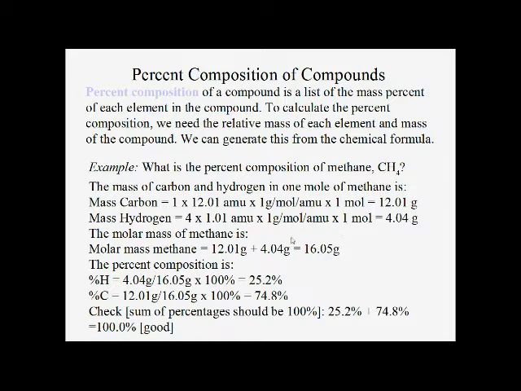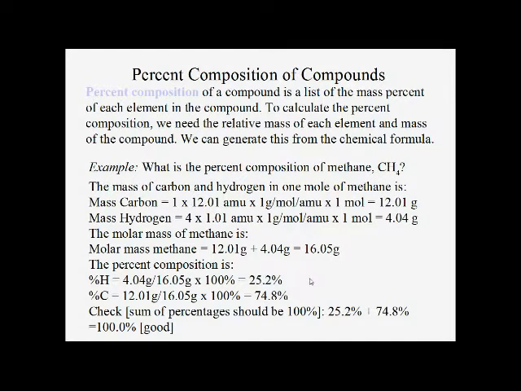So the percent composition for hydrogen is the 4.04 for the 4 hydrogens divided by the total 16.05 times 100% to give us a percent. We get 25.2% hydrogen. For carbon, we just have the 1 carbon divided by the total, and that gives us 74.8% carbon.